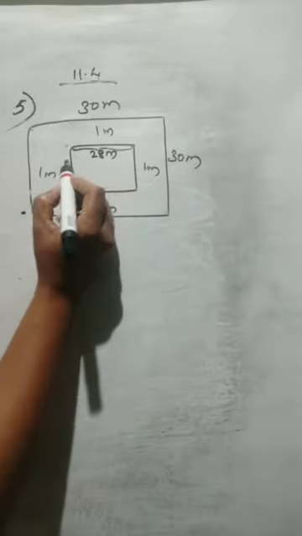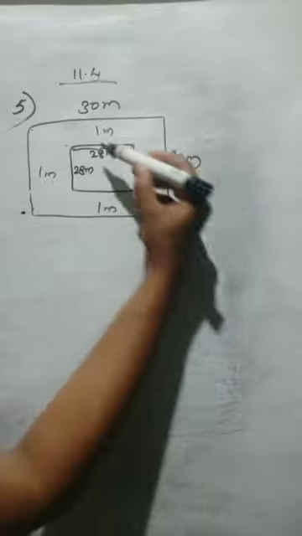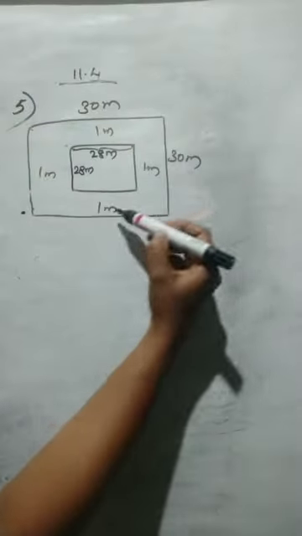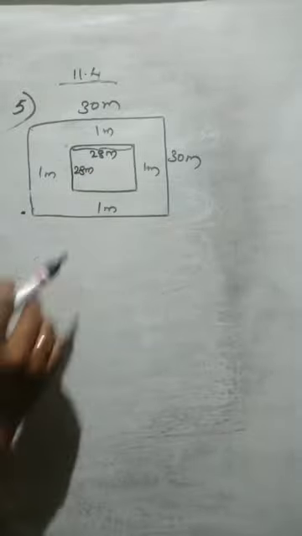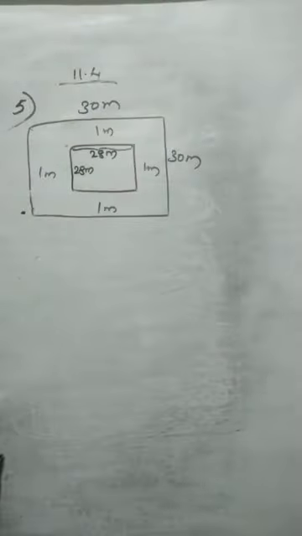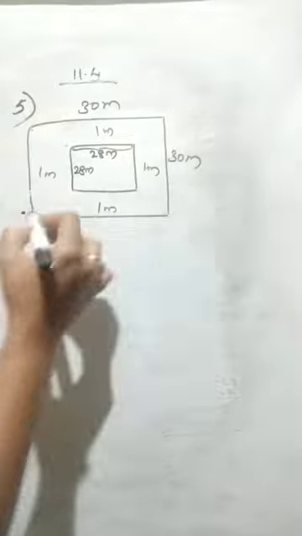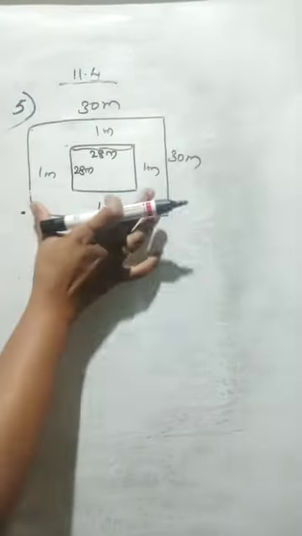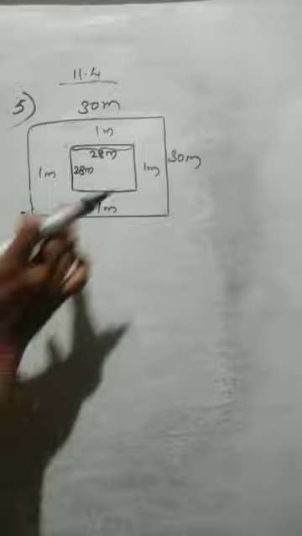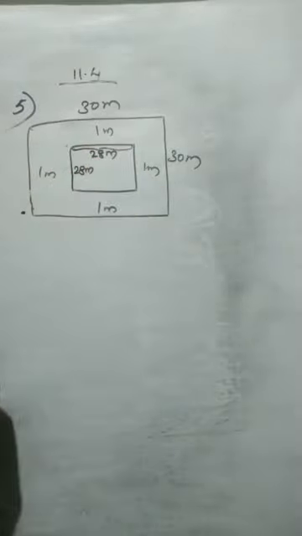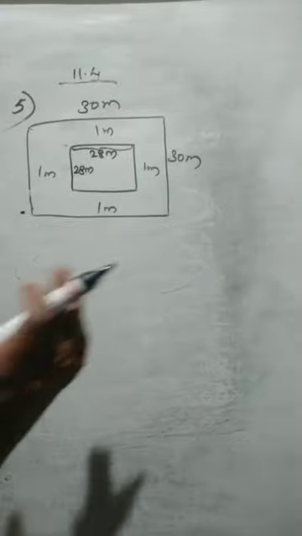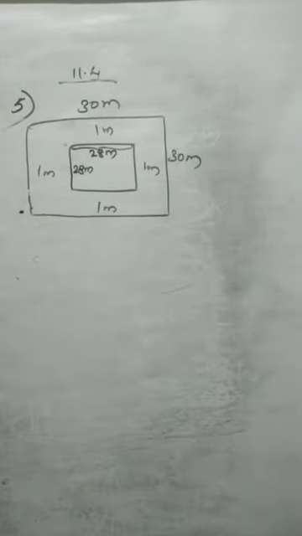We have to subtract from this 30 also 1 meter and from this 30 again 1 more meter. So 2 times 1 meter. That will be 28 meter. Okay, this was a square garden. They made a path with 1 meter. Only 1 meter they have taken for making this path.